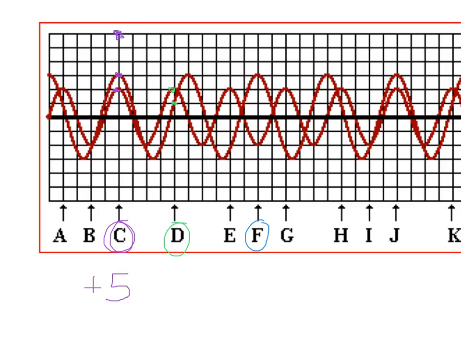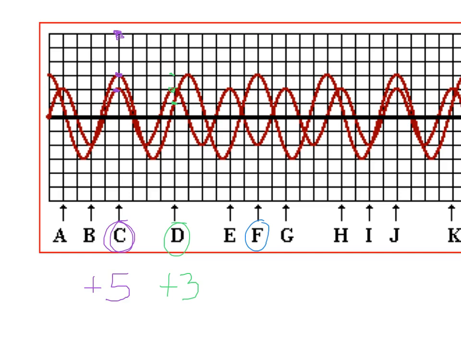So when we add those particular amplitudes together, it's 1 plus 2 for a total of 3. And because we're still in the above the equilibrium part, we would call that a positive 3 amplitude there. Notice the wave interference resulted in a bigger wave crest, and so we again call it constructive interference.